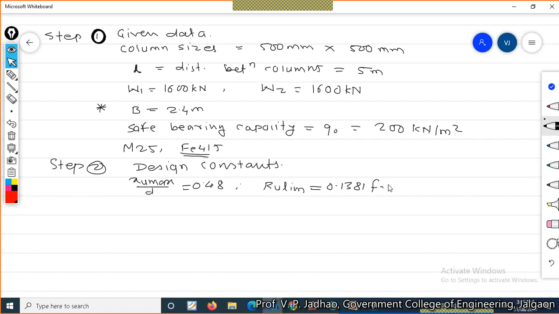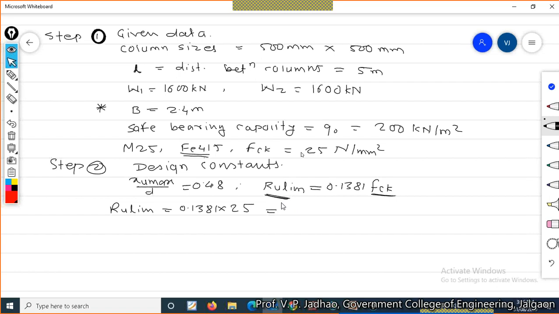We know the value of FCK: FCK is equal to 25 Newton per mm square. Just put the value of FCK in this equation to get the value of RU limiting. RU limiting is equal to 0.1381 multiplied by FCK, that is 25.